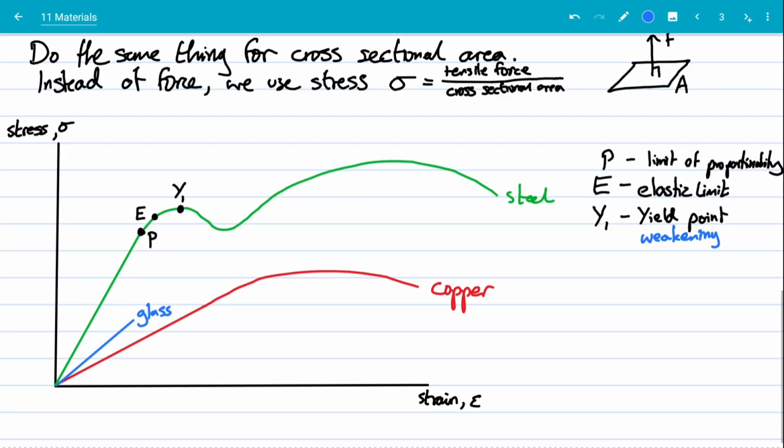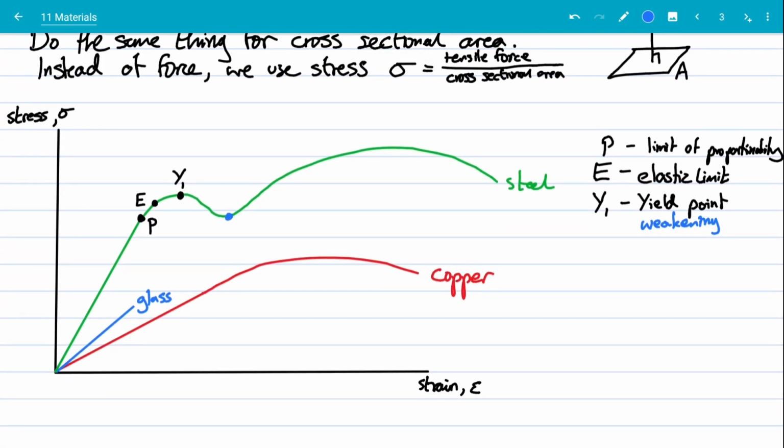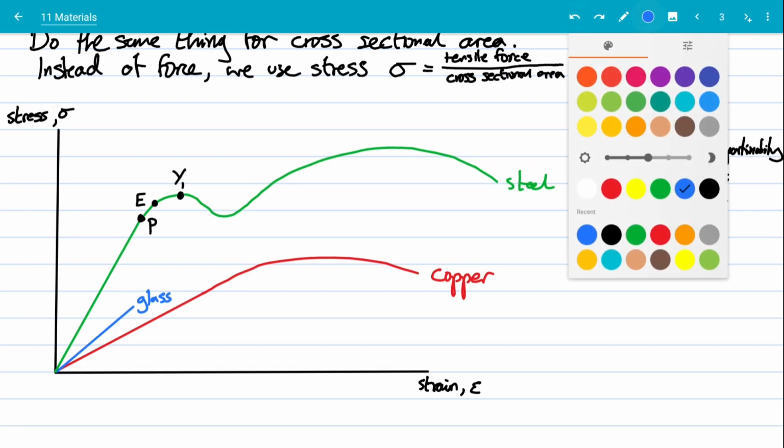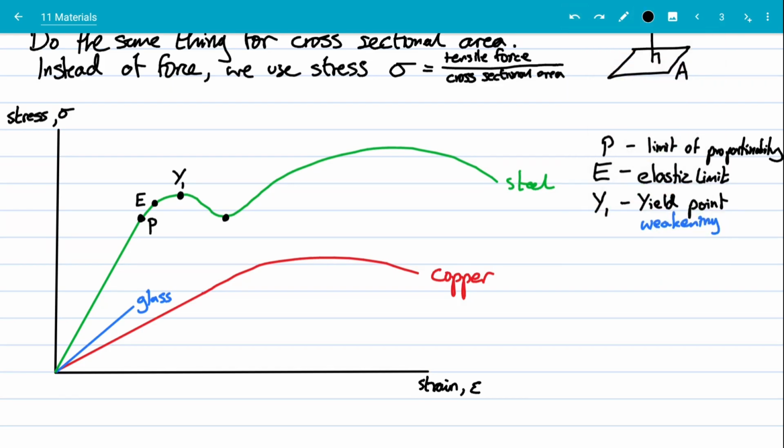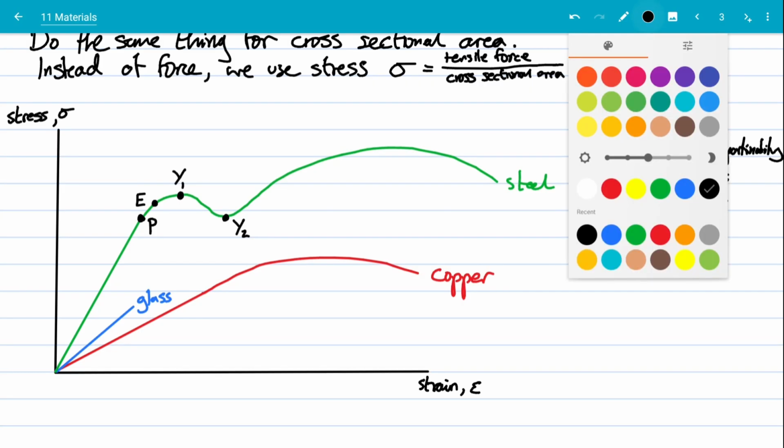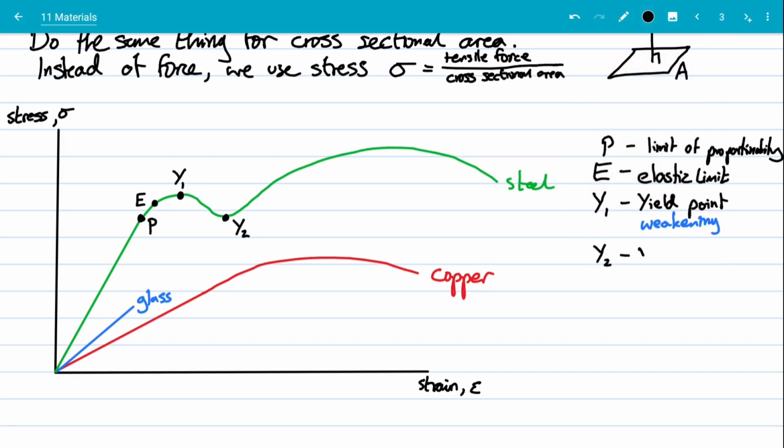And we end up with a point all the way down here, which we can call yield point 2, where another thing happens. I don't want to go into exactly what happens here. It's all to do with crystal grains moving around, sliding past each other, and so on, which you'll study at university if you're interested.